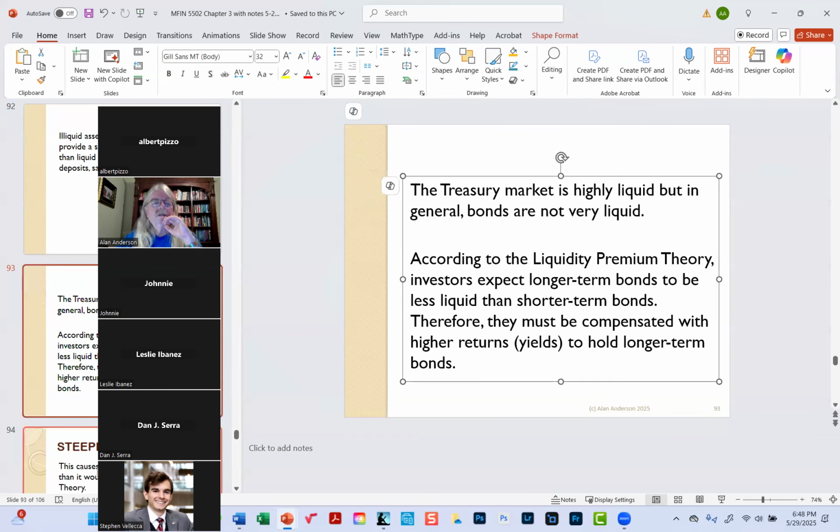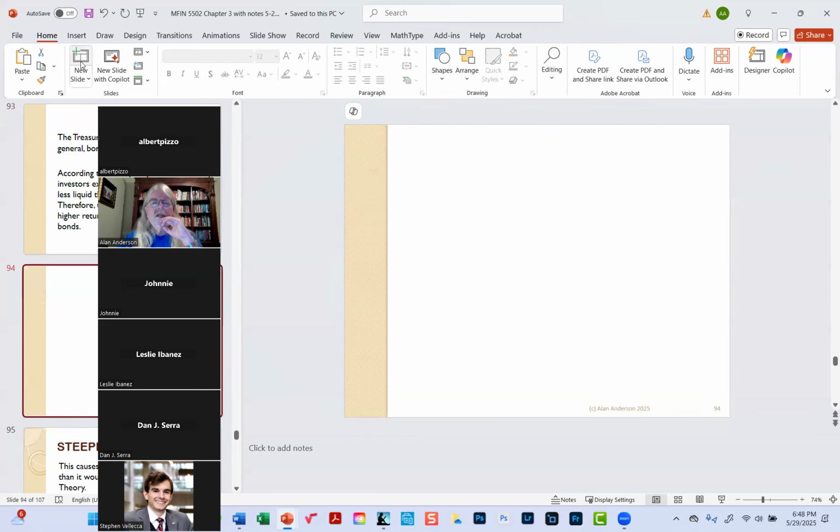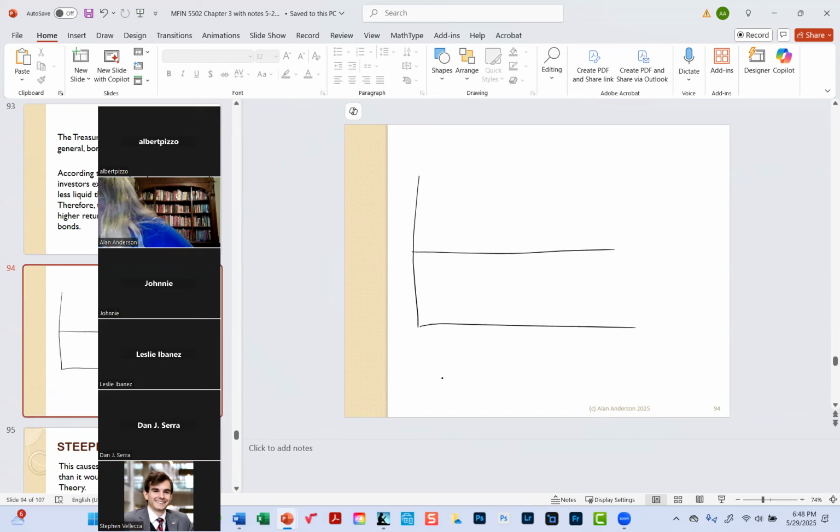So in other words, even with a curve that's expected to be flat, let's say investors expect the yield curve to stay the same. Rates won't change in the near future.